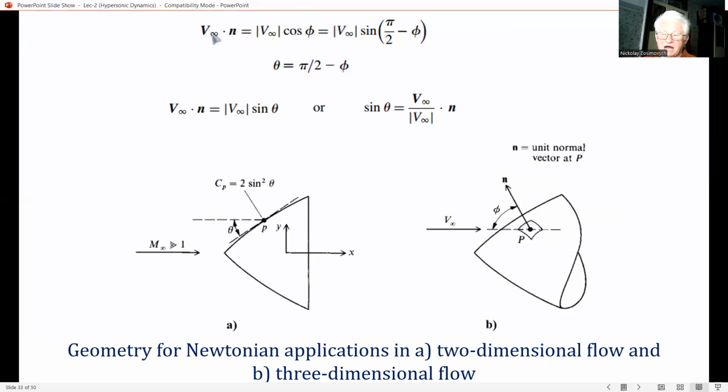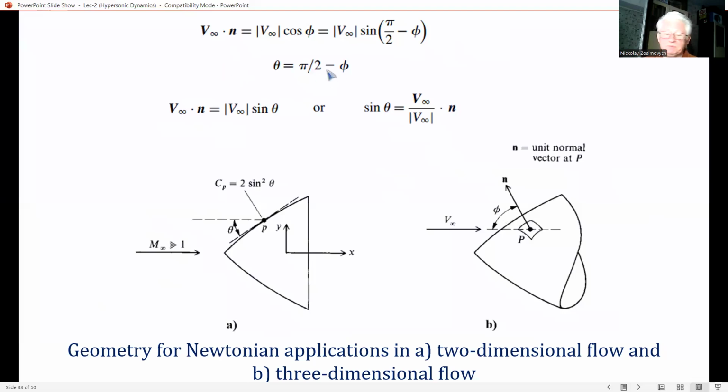V infinity dot n gives us the modulus of V infinity times cosine psi, where psi is the angle from the normal, and it gives us V infinity times sine of half pi minus psi, where psi is the angle between the normal vector and the free stream vector. The vectors n and V define a plane, and in that plane, the angle theta will be half pi minus psi.